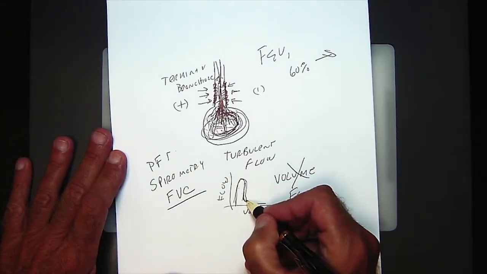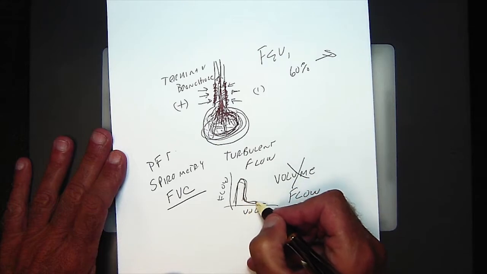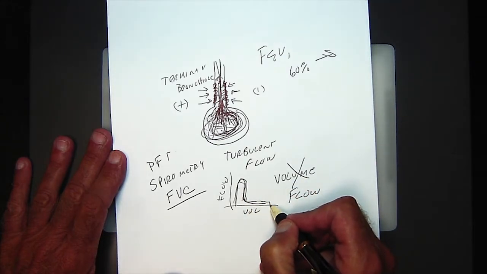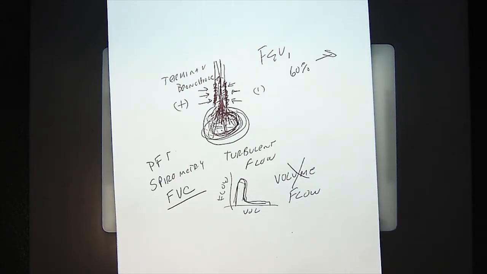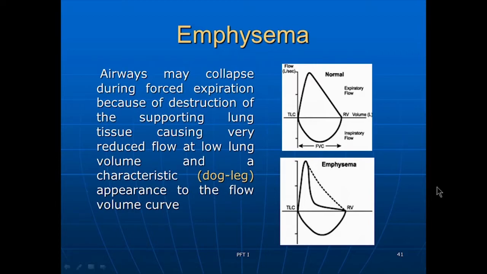You can see the flow quickly drops off, so that's why you get that dogleg pattern. They can get the volume out eventually, but the flow is the one that's going to decrease. So that is your classic flow-volume loop in someone who has an obstructive lung disease. And emphysema and bronchitis are considered obstructive lung diseases.